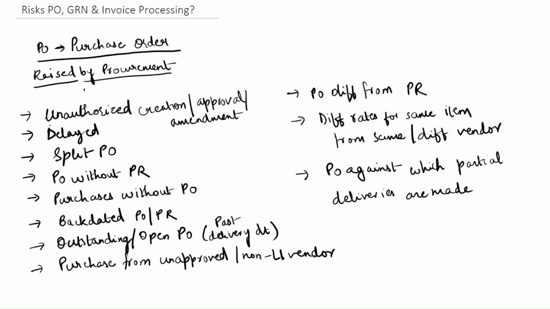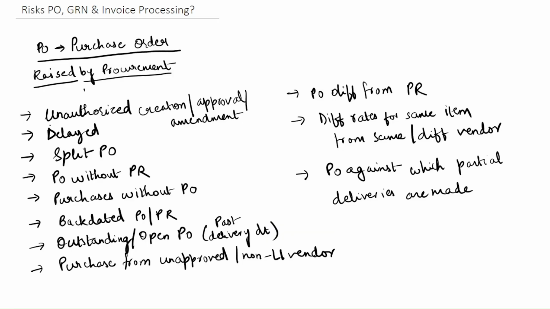Next, you can review the PO to check if there are any instances where the PO has been issued to a non-approved vendor. You can also look at the PO data and do a rate analysis to identify if there are situations where the same item has been ordered from the same vendor at a different rate. You can also check if it's been ordered from a different vendor at a different rate.